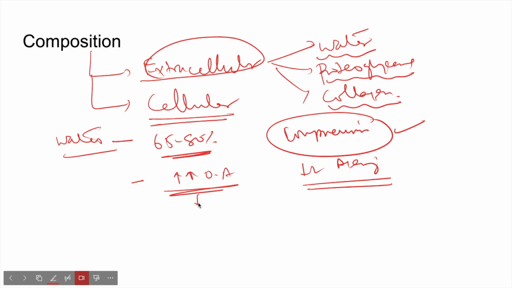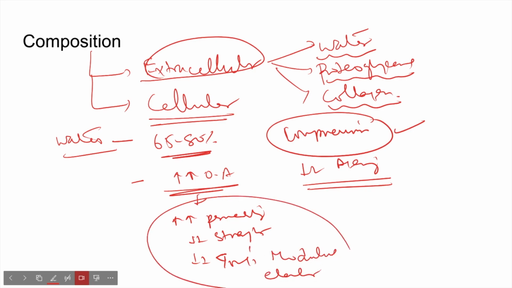Now, because of increased water in osteoarthritis, there is increased permeability, decreased strength, and a decreased Young's modulus of elasticity as well. So what happens because of this? There's a lot of damage to the cartilage, there's osteophyte formation, and the joint rapidly gets destroyed because of the increase in water in osteoarthritis, right?